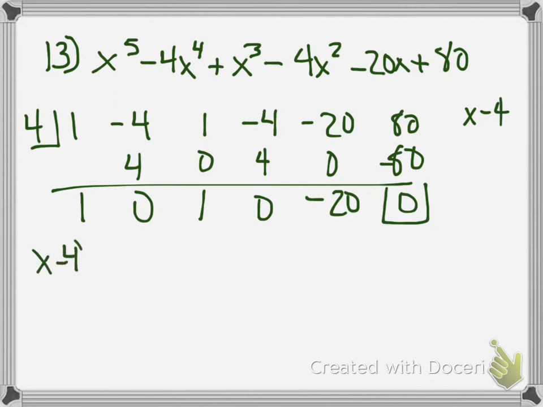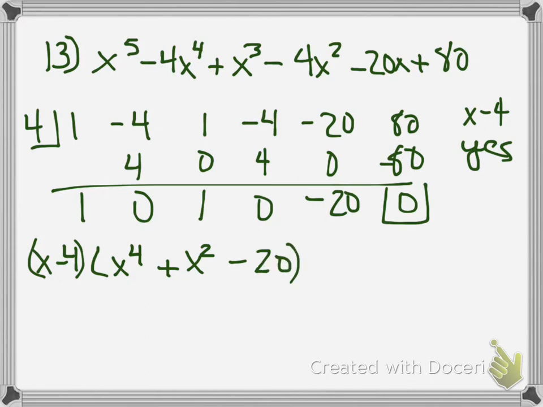So yes, this is a yes, and then you're going to say x minus 4, and in the second parentheses you've got x to the 4th, no x cubed, plus x squared, minus 20, because there was no x. Realize that x to the 4th can be split up to x squared, plus minus is plus minus, two numbers that multiply to give me 20, subtract to give me a 1, is 5 and 4.